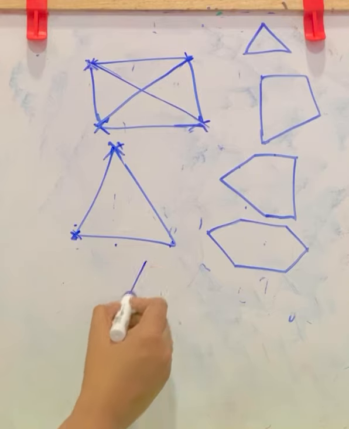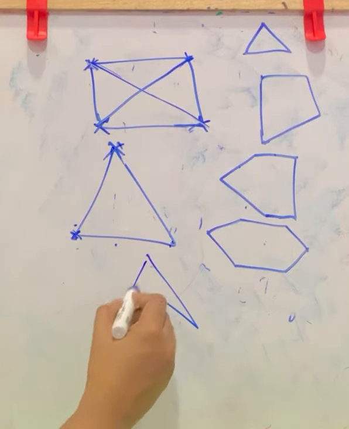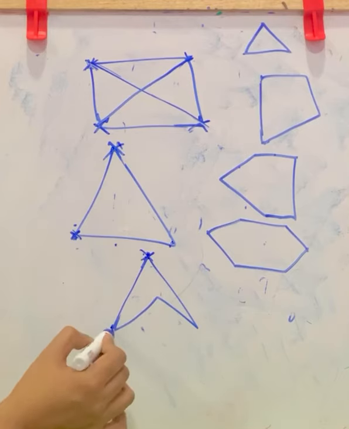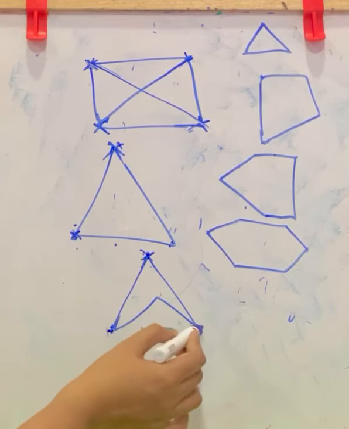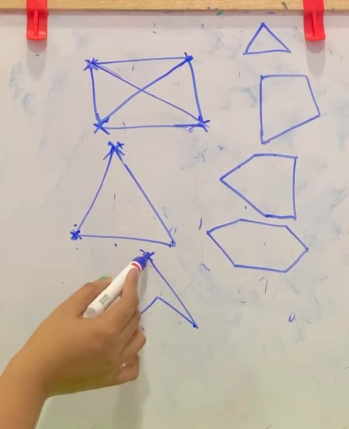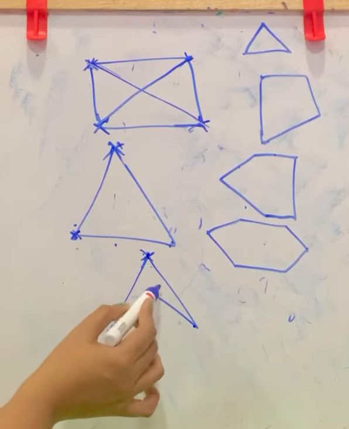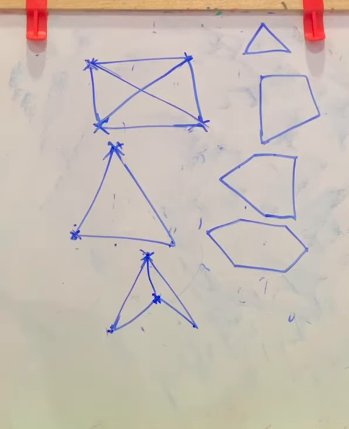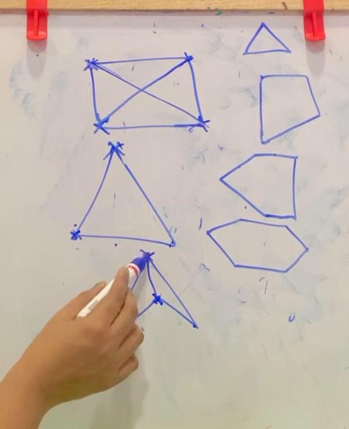Now if it is like this, which are the diagonals? For this point, this is the consecutive vertex. This also is the consecutive vertex. The non-consecutive vertex is this point. So join it. This is a diagonal. Now for this point, this is consecutive, this is consecutive.